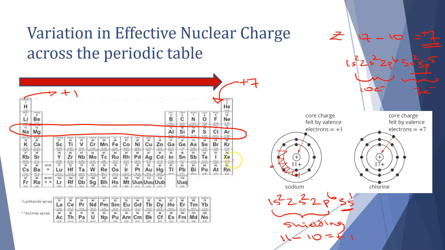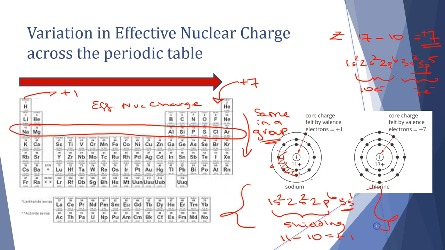While you can remember that your effective nuclear charge increases from left to right and is the same down a group, it is important to be able to calculate your effective nuclear charge when comparing two atoms and using this to explain the properties.